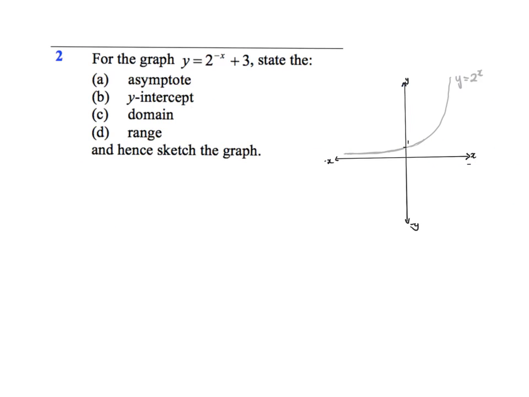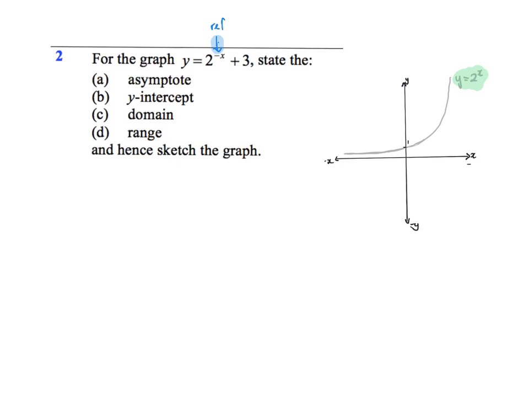Alright, next one. So, if you remember, let's have a think about this now. So this is the basic one over here. So I've just drawn a normal exponential. We now have a negative in the x there. That's going to cause a reflection.